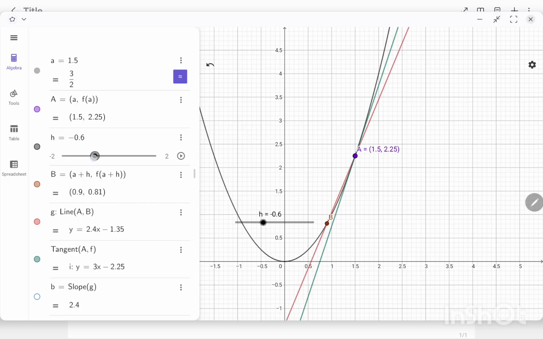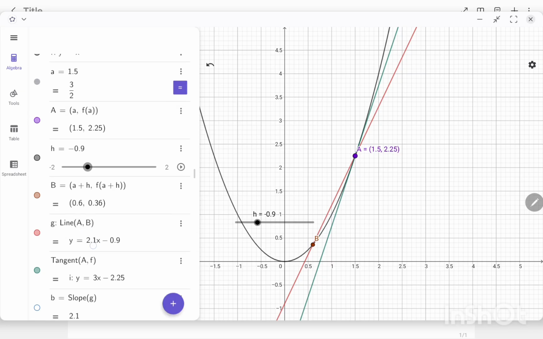And when it is on the left hand side, the point is below A, and when h is equal to minus 0.9, that is left of 0, the slope of the line is 2.1. It increases when it is moving towards 0, now the slope is 2.4.